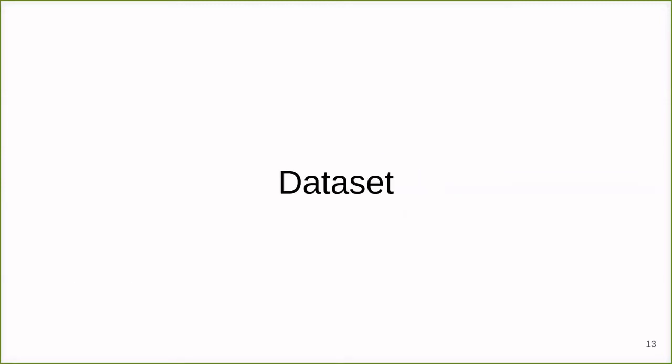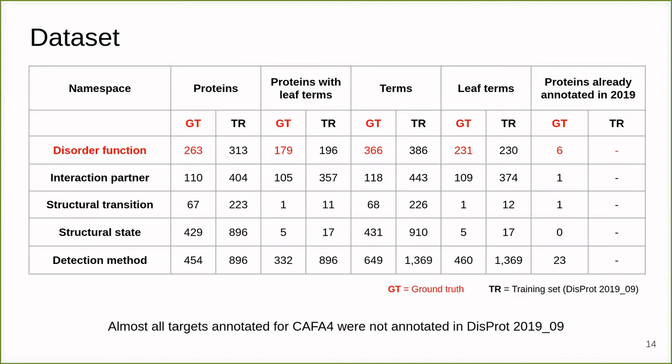What about the data set? Our curators were able to annotate 263 new proteins, CAFA proteins, and compared to the training set, so the proteins which were already available in 2018, we have a data set which is a ground truth which is about the same size, both in terms of proteins, in terms of terms, of course, and in terms of leaf terms.